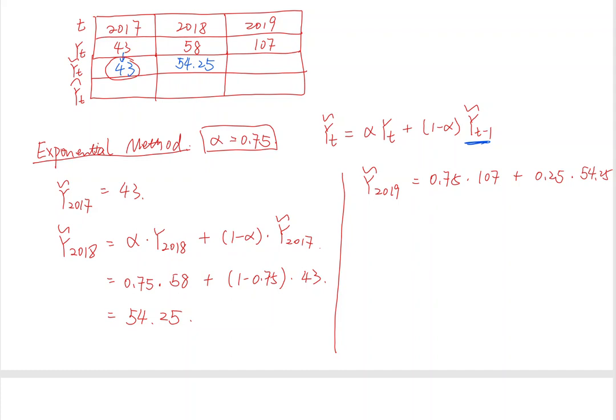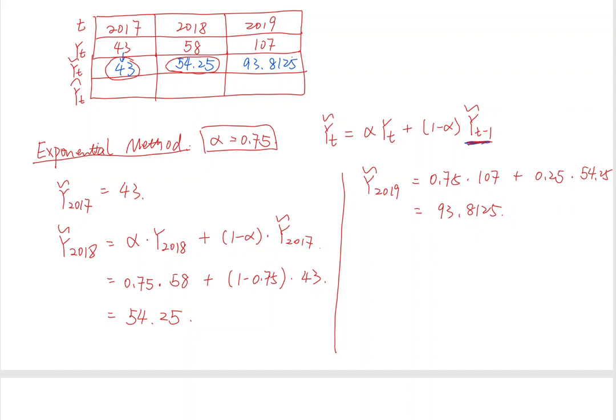So be careful here. You need to use the previous estimated value, which is this value, not 58. 58 is YT, it is not the estimated value. After this, it equals 93.8125. Alright, so we're done with the estimated value.